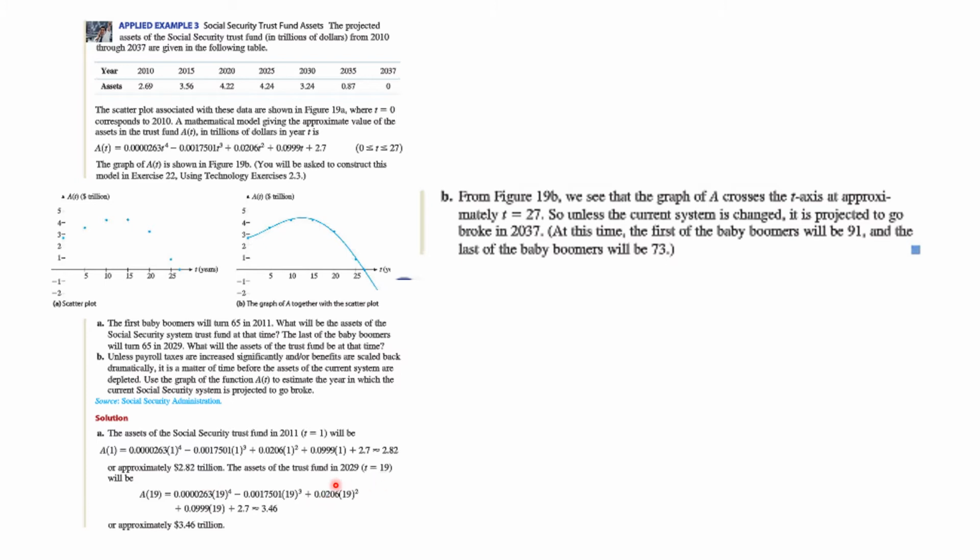And they ask you to do it in 2029, and you'll get $3.46 trillion. And when you look at the graph, you will see that they run out of money in 2037. Many of you will be alive in 2037, so you really are interested in this problem very significantly. Probably even more than I am interested in this problem.